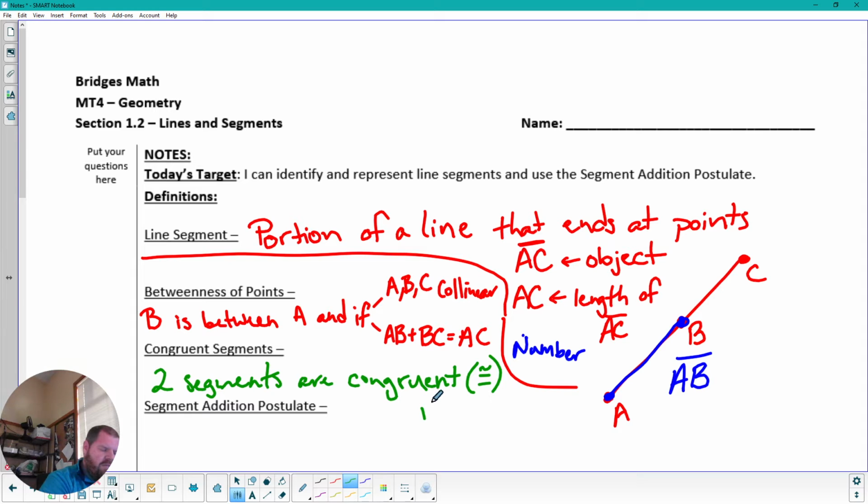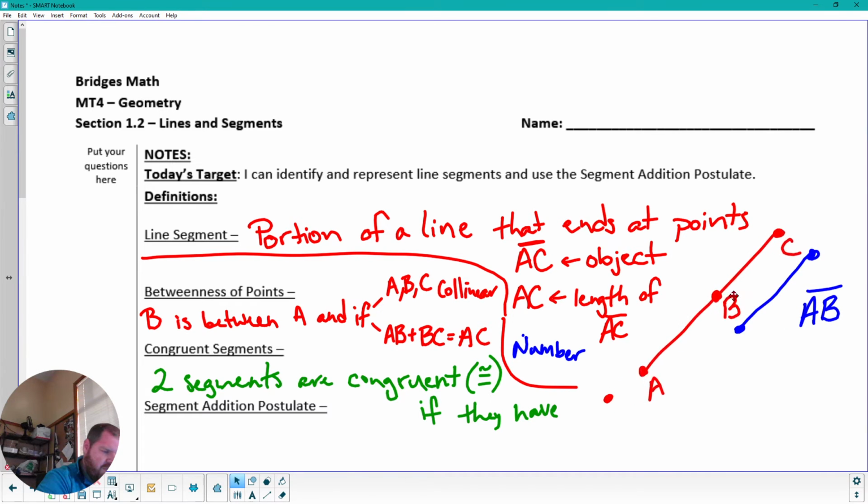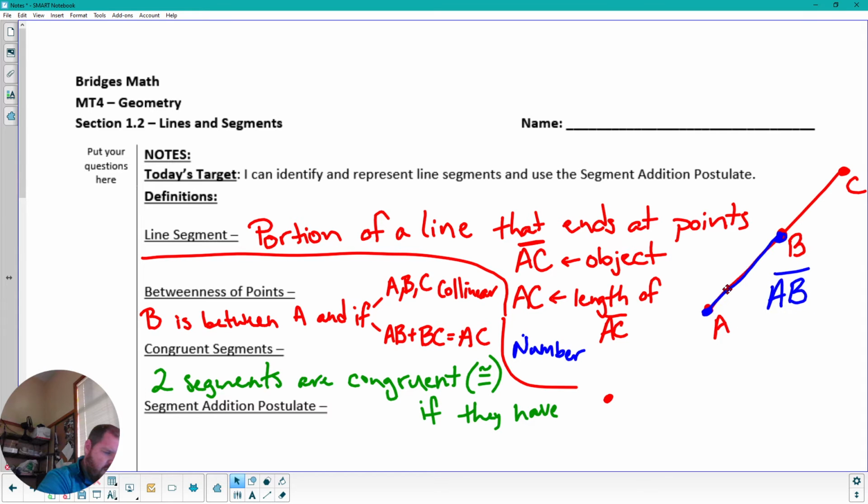They're congruent if they have the same length. Let me move some of this around to give myself a little more room here. So, if they have the same length.